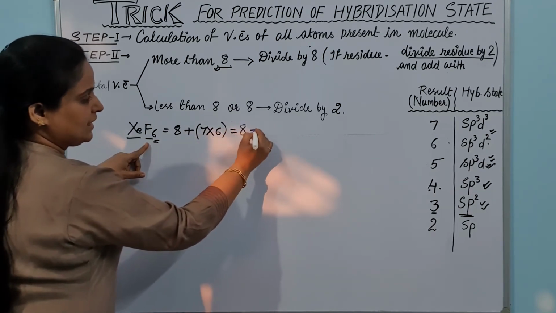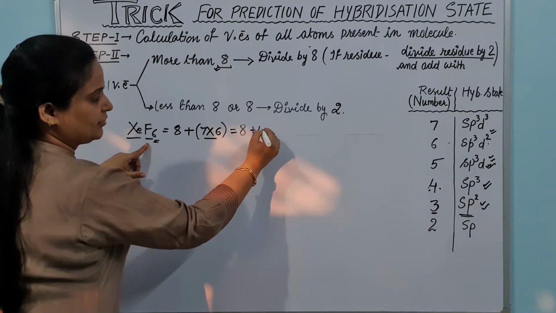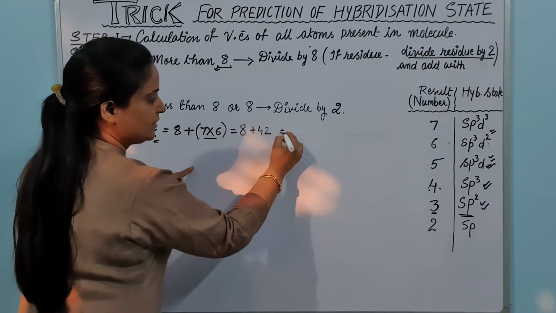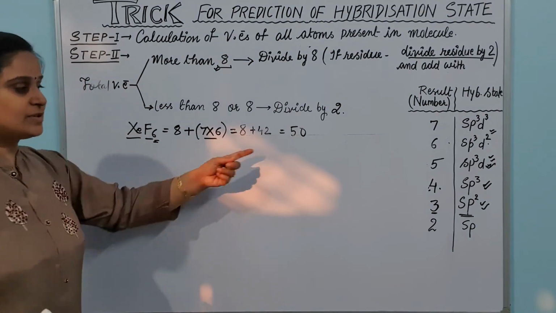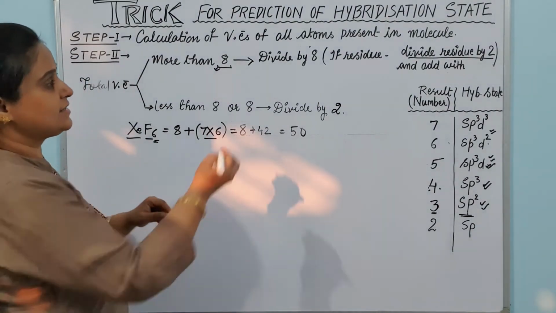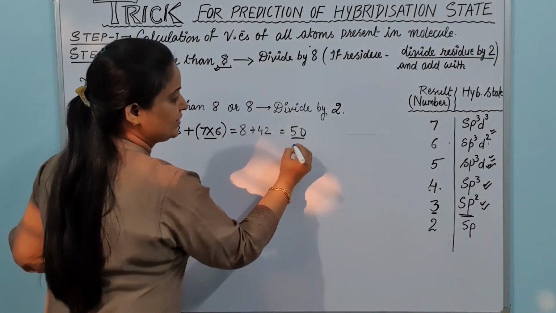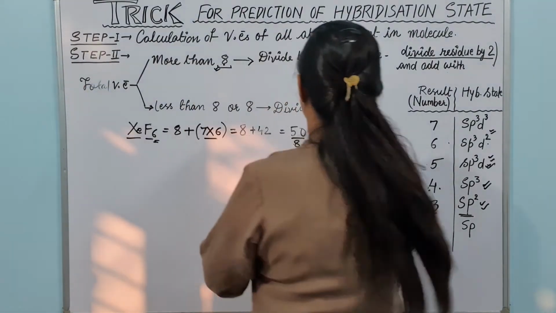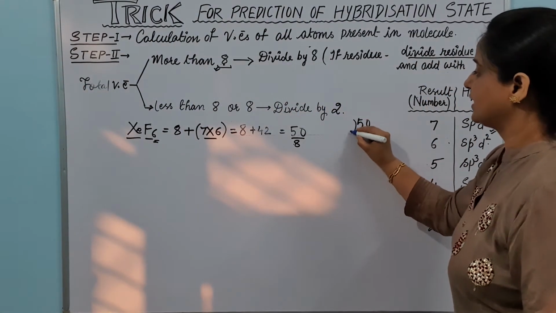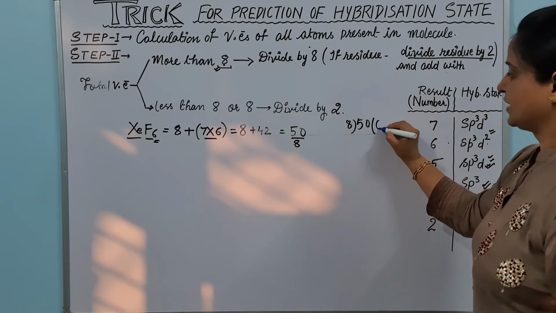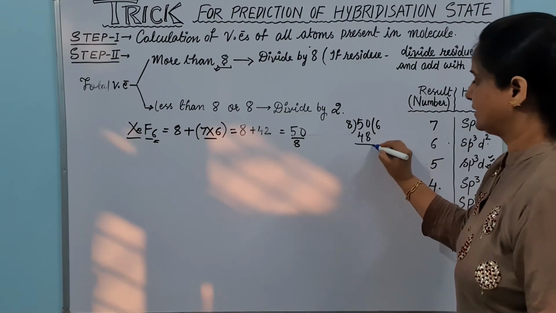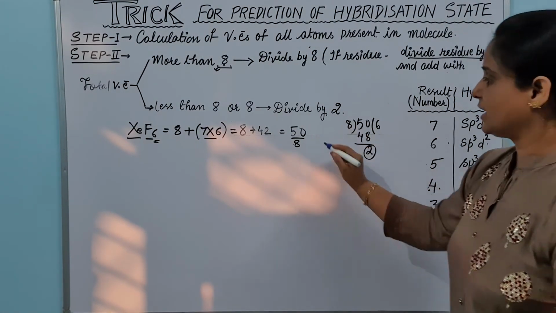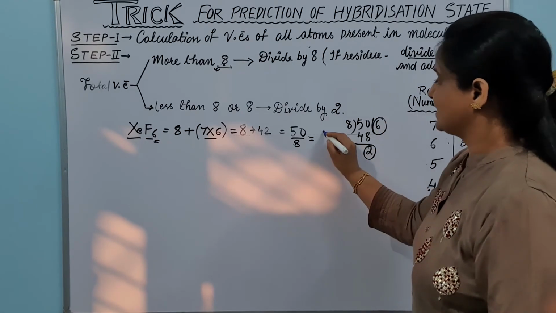So the answer is 8 plus 42 and total is 50. And just because 50 electrons are there, I have to divide this number because it is more than 8. I will divide it by 8. If I divide this number by 8, I will get the answer as 6 times 8 is 48. 2 is the residue.